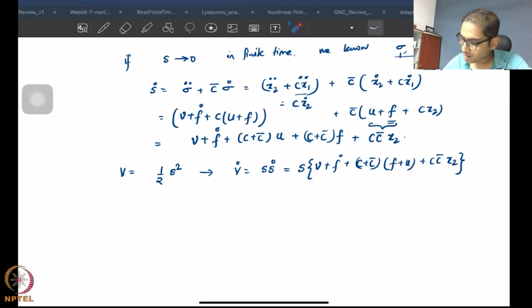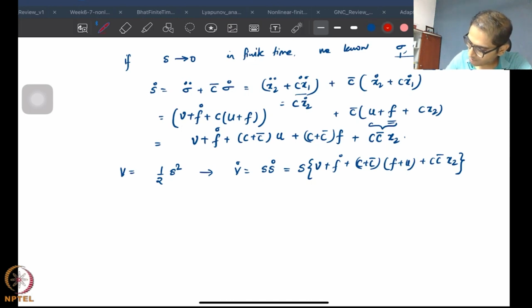Now what are the terms we know and we can compensate for immediately? It is c plus c bar u, because now it's a state, so it's known, so I can compensate for it. And this is also well known, so I can compensate for it. The only issues are f dot and f. Now at this stage we make another assumption.